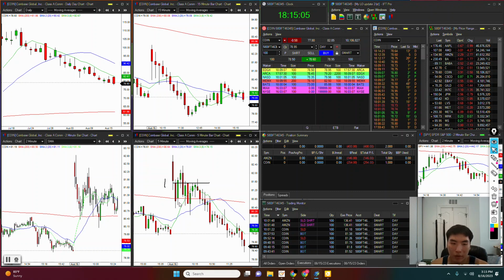So I'm in at 81.52. I have my stop basically below this green bar, 80.50ish. Okay, looking solid. And this also coincided with the 2-minute 200, but I was really taking the signal off the 5-minute.